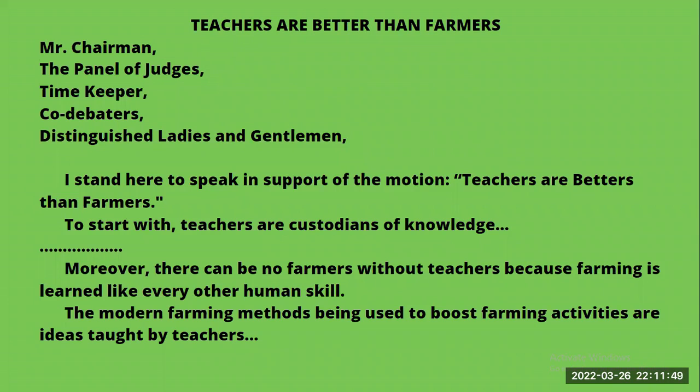Number 3, modern farming methods are ideas taught by teachers, all right? So you can have your own way of summarizing these points, but it's always important that you come with such enumeration in the introductory paragraph. It enriches your introductory paragraph, and don't forget that most of the time, your readers will gain the interest that will enable them to read further based on what they have seen in your introductory paragraph.